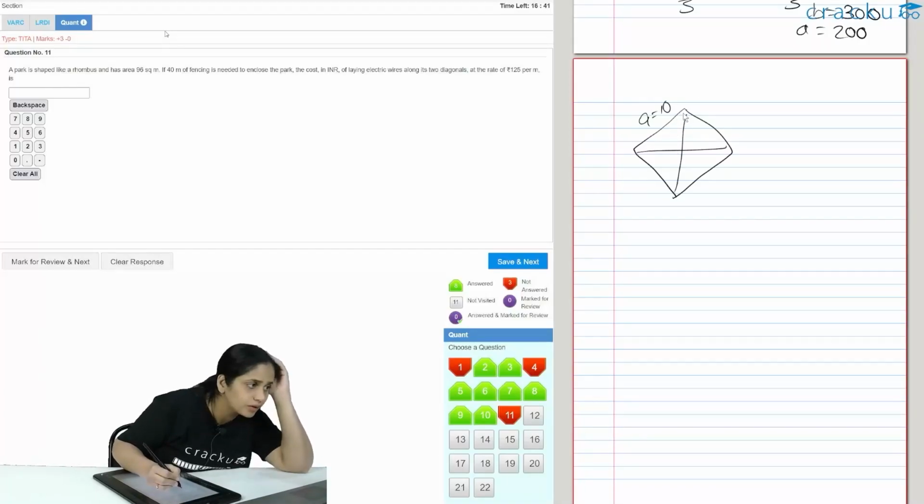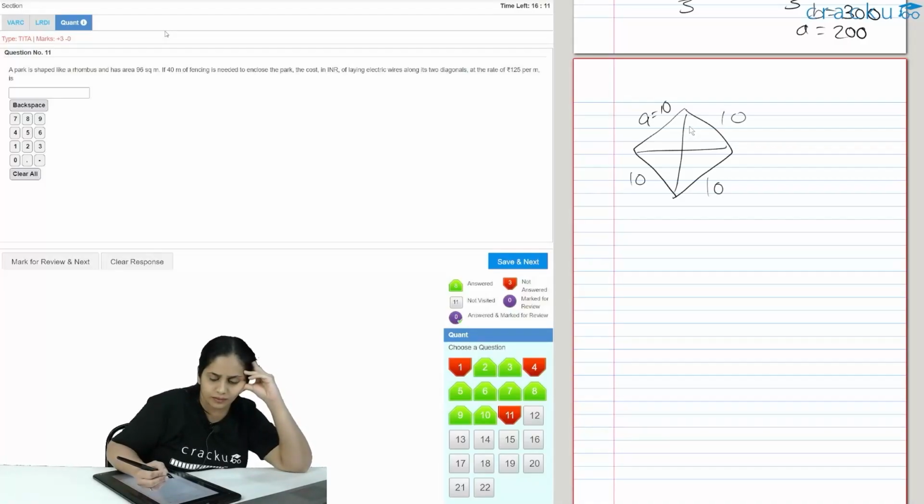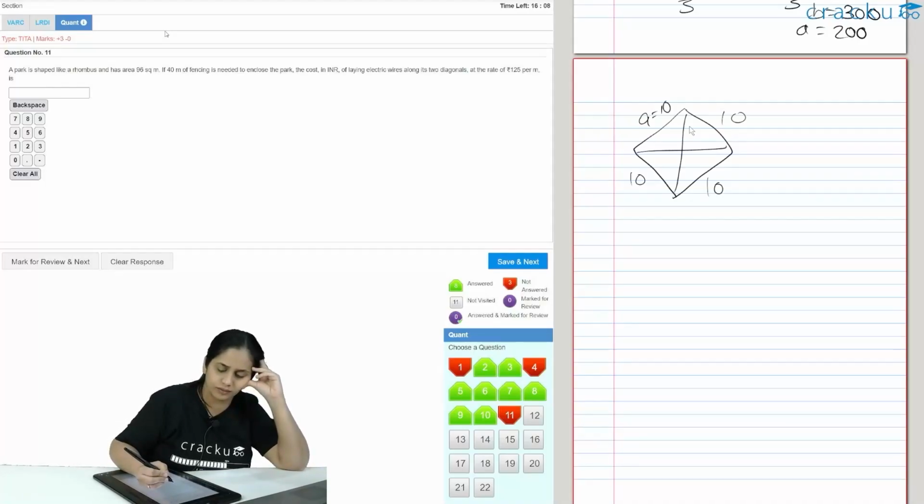So this is a rhombus, so this is 10, this is 10, this is 10, and we have a diagonal, and half into 10 into x is equal to 96.